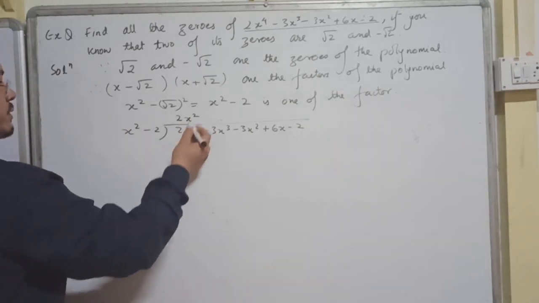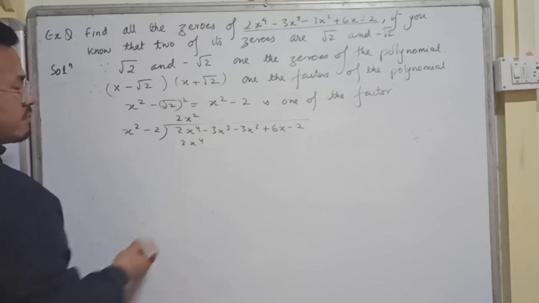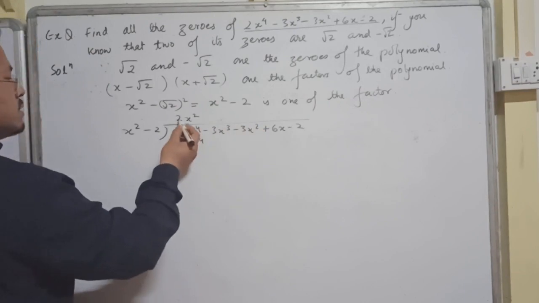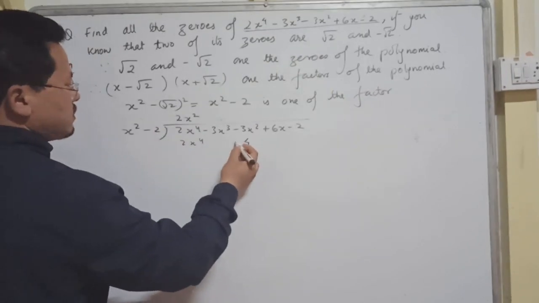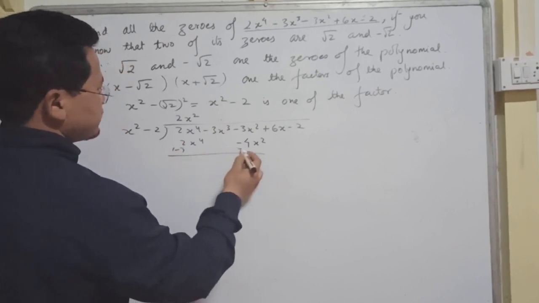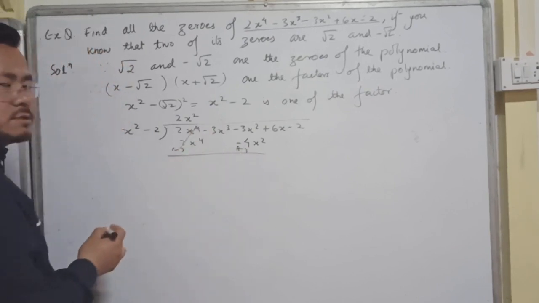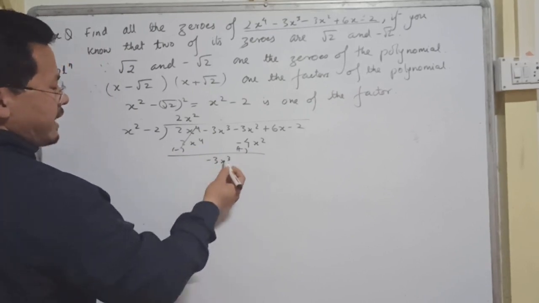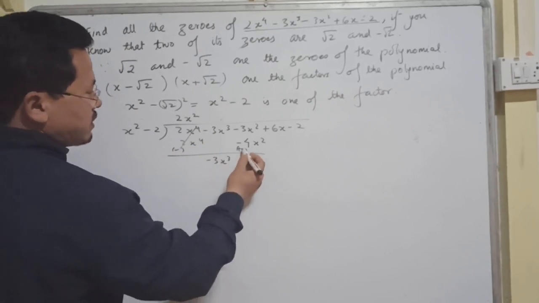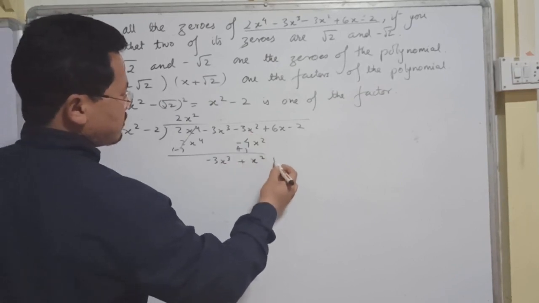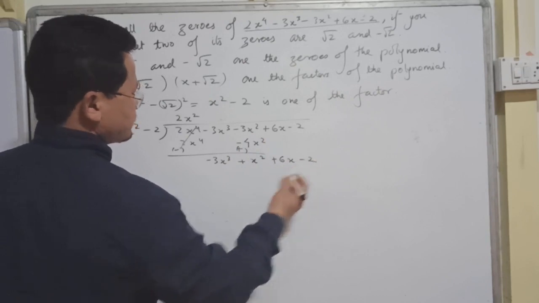So 2x squared here multiplied gives 2x to the power 4 minus 4x squared. Subtract, this cancels or becomes 0. We are left with minus 3x cubed, and the signs change, so plus 4x squared minus 3x squared gives plus 1x squared, plus 6x minus 2.